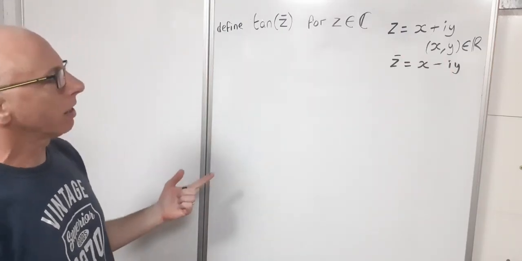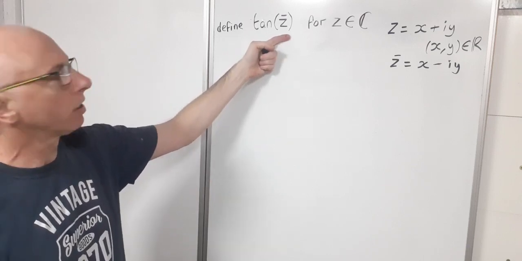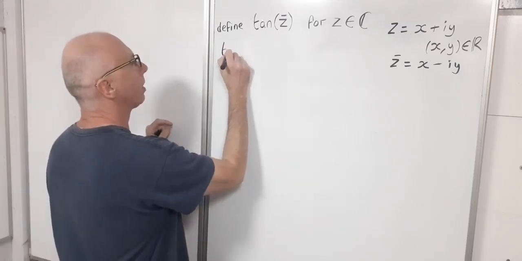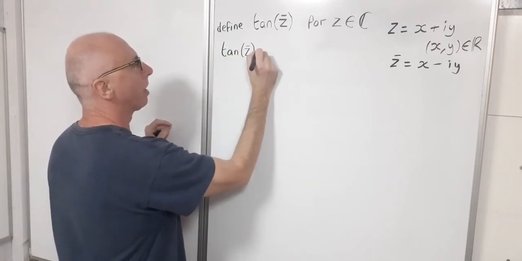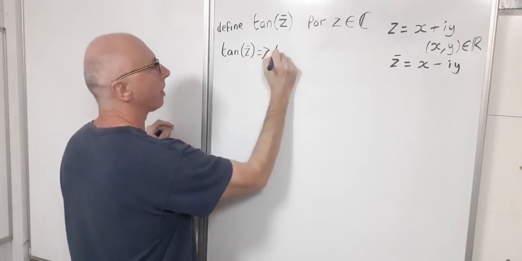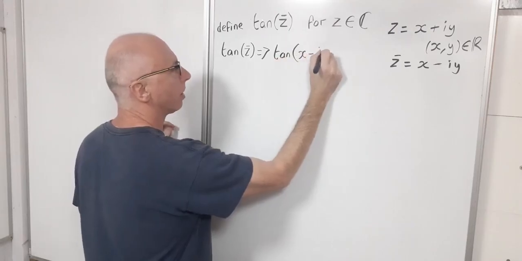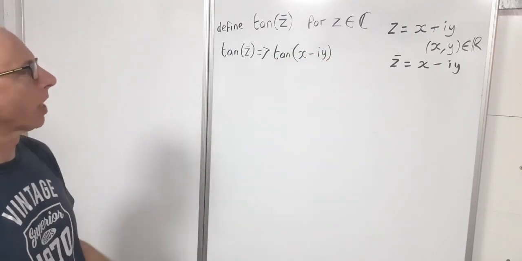With that in mind, I'm going to rewrite my tangent of conjugate z. So tangent of conjugate z, we can rewrite as tangent of x minus iy. And that's all legitimate and that's fine.